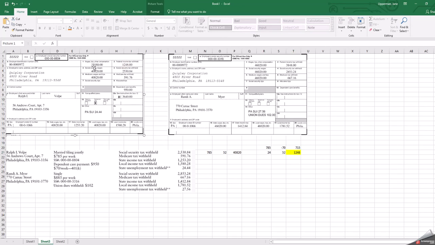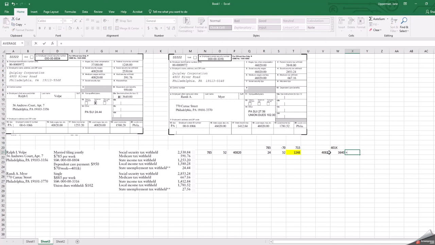Then again, I wanted to focus on the wages though. So if his wages are $40,820 a year, but he is withholding $70 each week into his 401k, if I take 70 times 52 weeks, that's how much he had withheld. And that is not taxable to him.